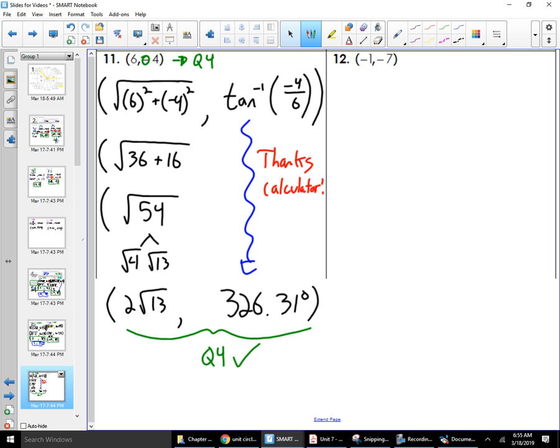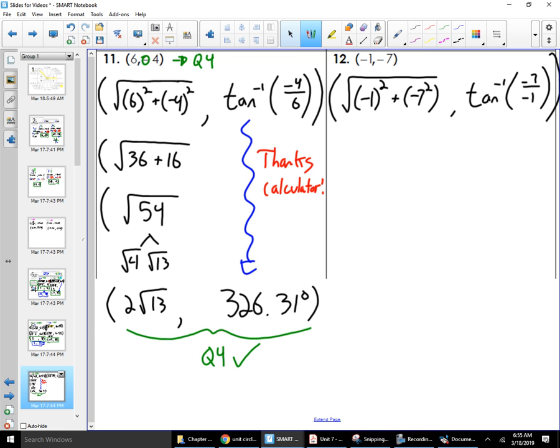Jumping over to number 12 here, it's going to be very similar. We're just talking about calculator work. So I have the square root of negative 1 squared plus negative 7 squared. And then I need to take tan inverse of y over x. Good times.